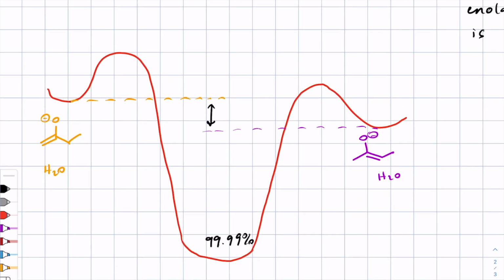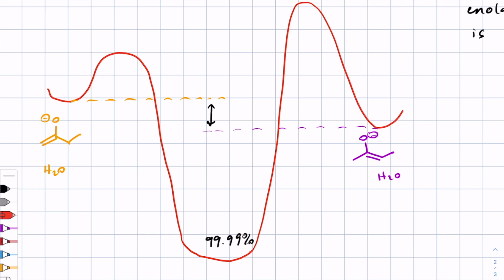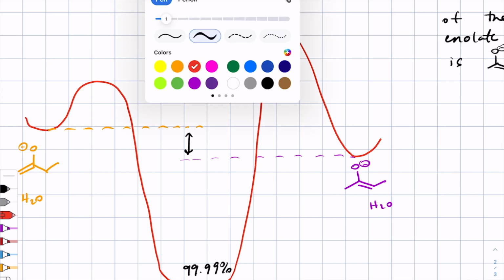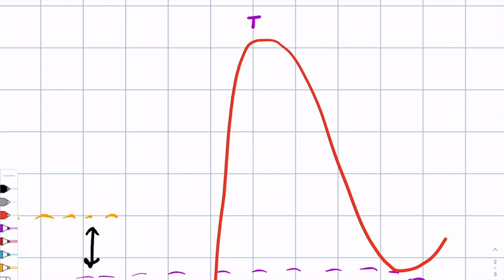So let's edit our diagram to reflect that process. Let's put the transition state to get to this more stable enolate a little bit higher. I don't know what the numbers actually are, so this is probably exaggerated. But what we intend to show here is just that the pathway that leads to the more substituted enolate, the purple transition state, is higher in energy because of steric hindrance.